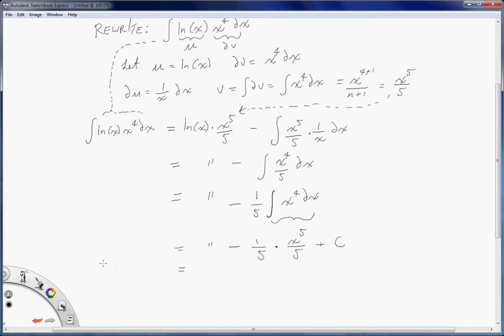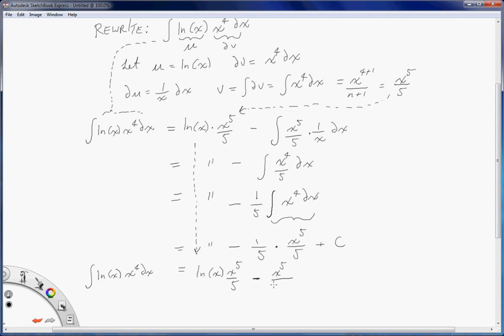So the total solution is, I'm going to rewrite my original problem here: the integration of the natural log of x times x to the fourth dx equals the natural log of x times x to the fifth over 5 minus, I have x to the fifth, and I have a 5 in my denominator here and a 5 in my denominator here.